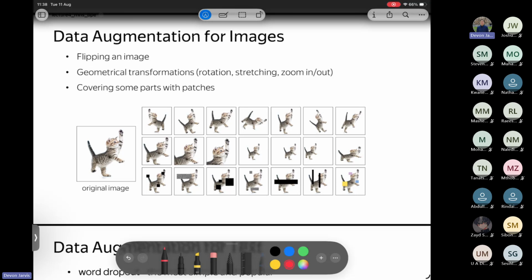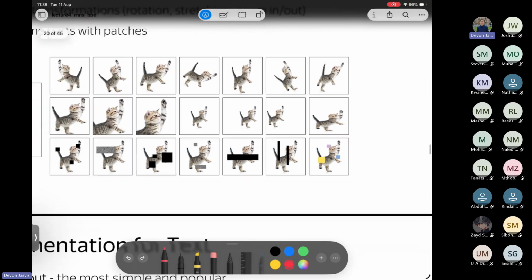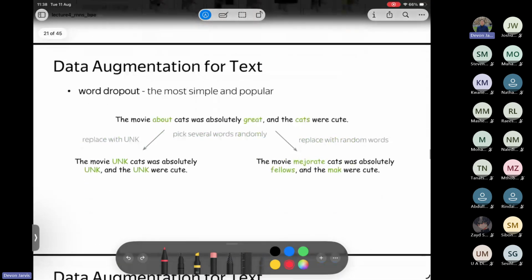Okay, I don't care that I can't see the cat's top right ear in this case. I know that top right fluffy ears are really important for detecting a cat, but I still want it to be able to detect a cat from the rest of its little fluffy face. And so we're going to now train it to do that. Okay, and so if the architecture was previously relying on its right ear to classify it, now it can't do that. It's going to learn a more general set of representations.